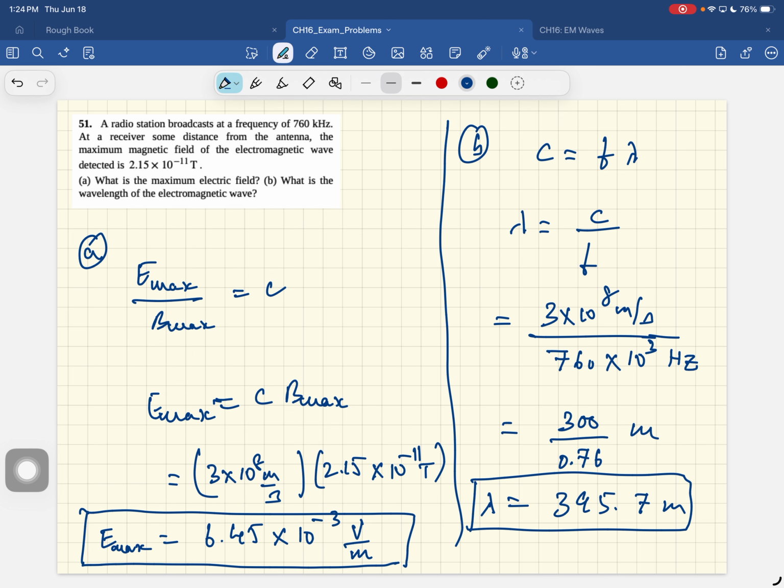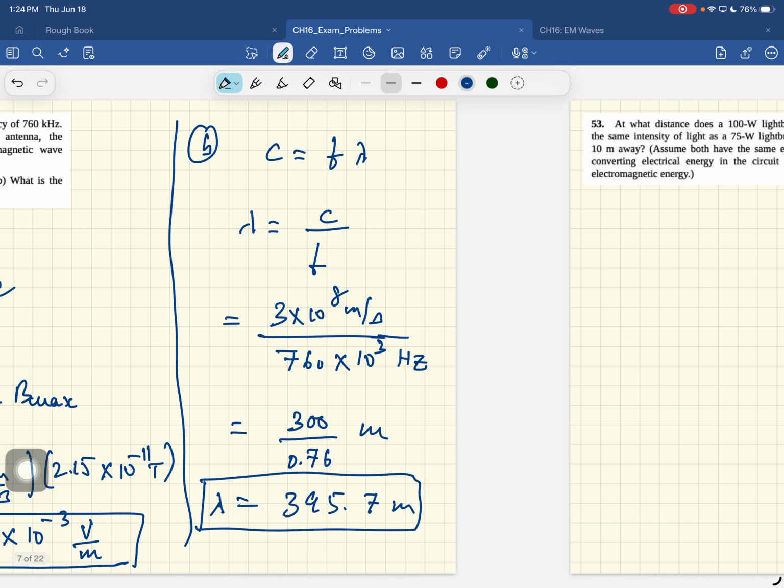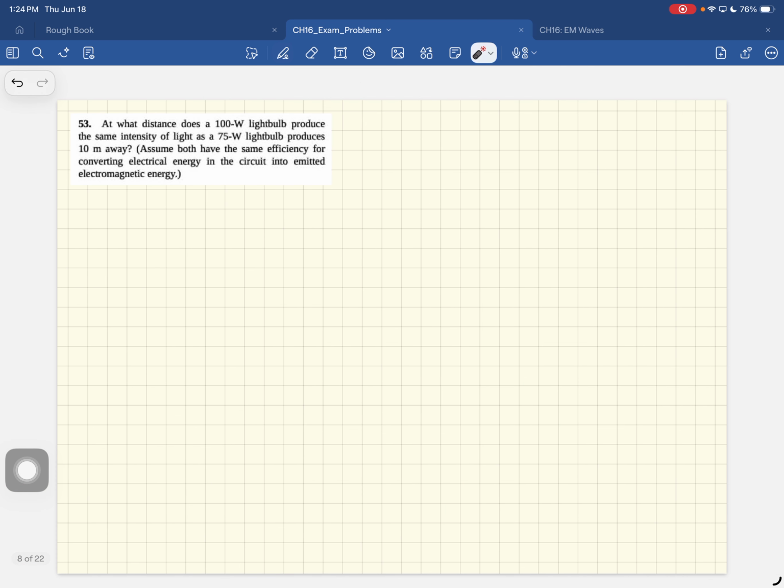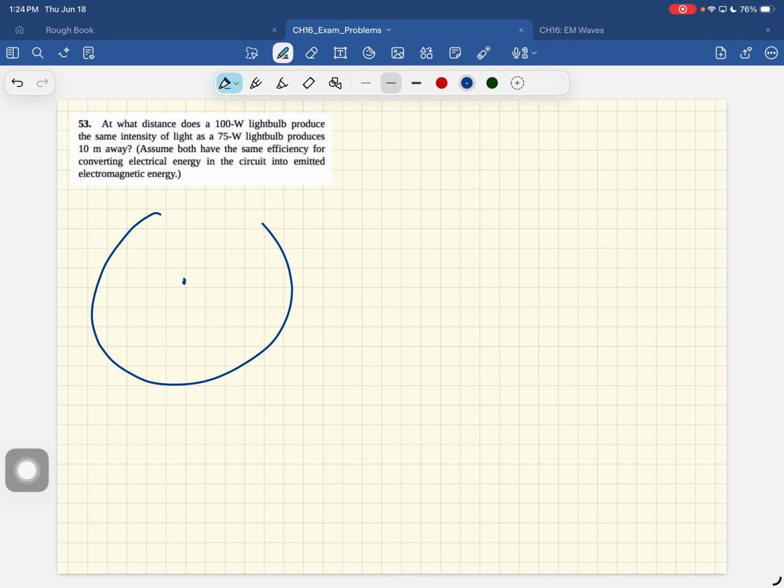Okay, so this is emitting 2.5 milliwatts. Milliwatts is millijoules per second. And in 1 second, the beam length is c. Okay?